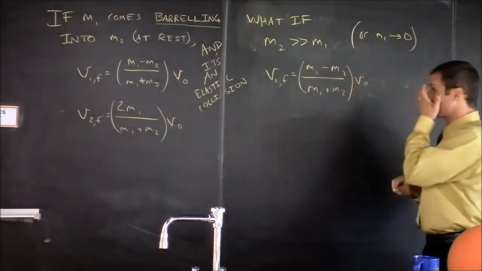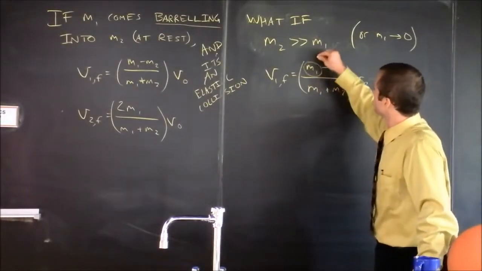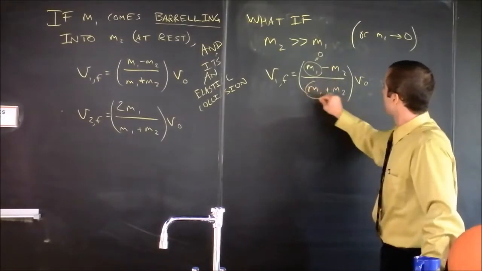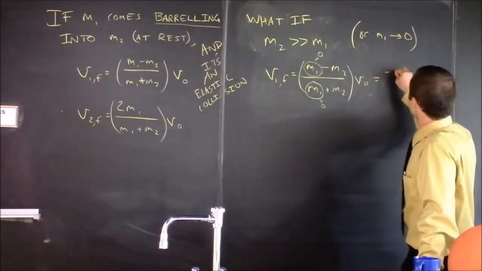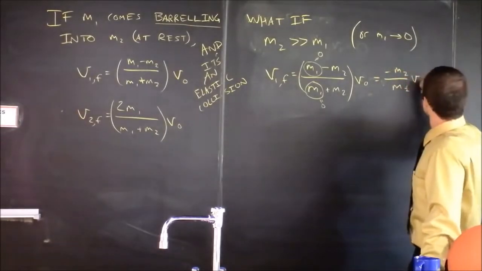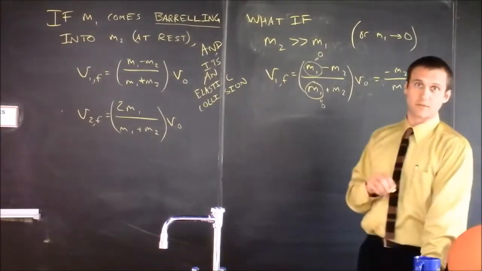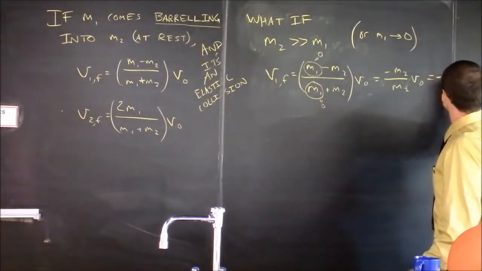Times the initial velocity. So if m1 goes to 0, then this term is 0, and this term is 0. And it looks like we've got negative m2 over m2 times v naught. And you know that negative m2 over m2 is just negative 1. So this is negative v naught.